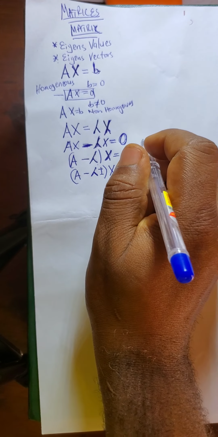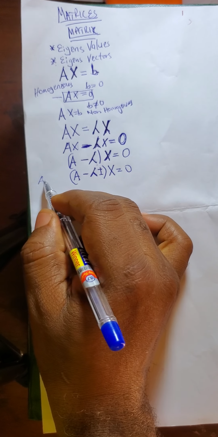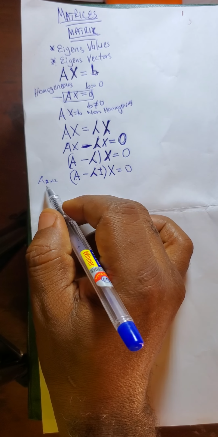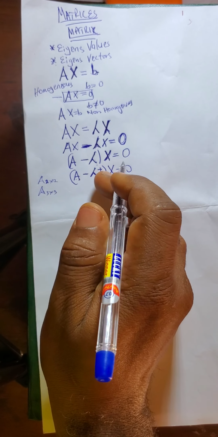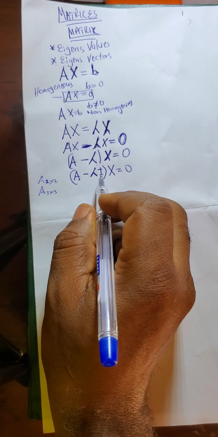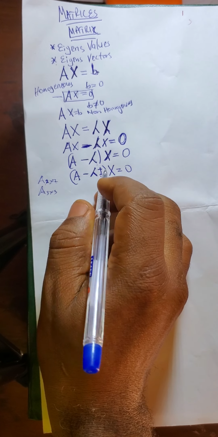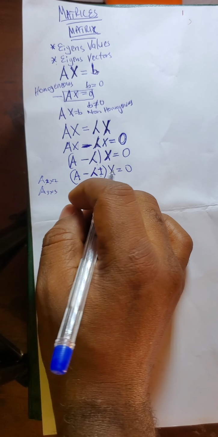In a nutshell, this A, which stands for the matrix of the coefficients, can be a matrix of order 2 by 2, that is, I'm talking about square matrices, or it can also stand for order 3 by 3 matrices, and so on and so forth. So this order of the matrix will determine the order of the identity matrix we are going to introduce. So that is that.